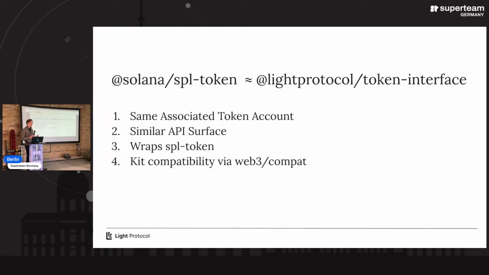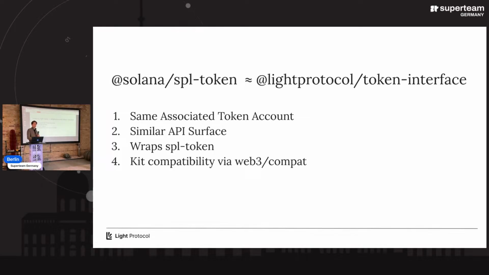And you can think of this package sort of as a wrapper around the SPL token. So it has all the functionality of SPL token, but it also adds extra functionalities for interoperability, because you might have a centralized exchange or want to off-ramp where the token interface or the light token is not supported itself. But it's the same stablecoin held and sent by your users, just stored more efficiently.